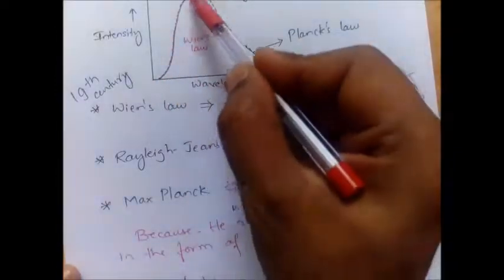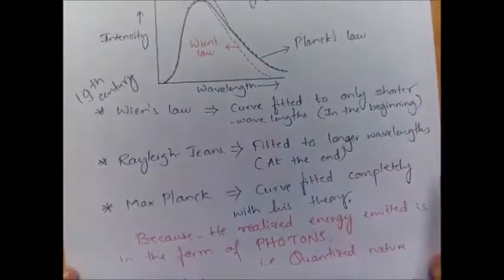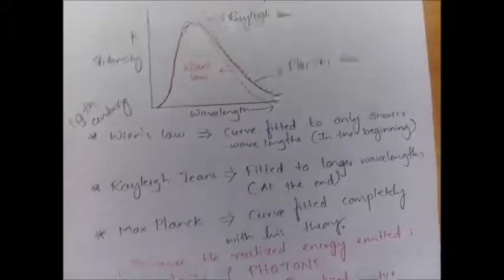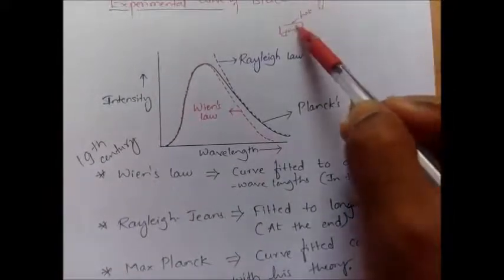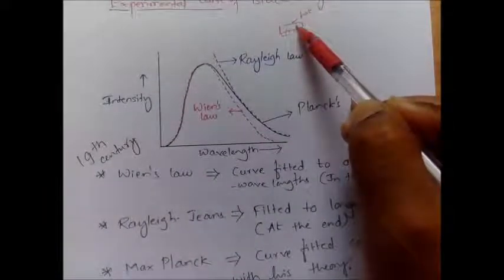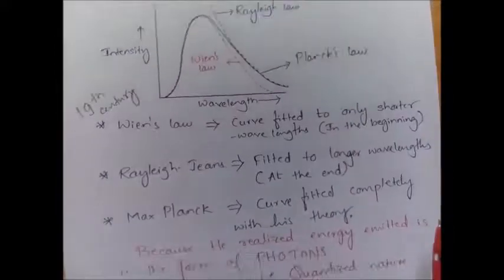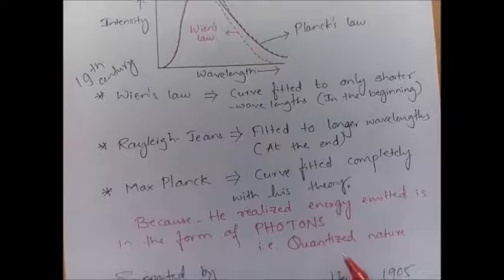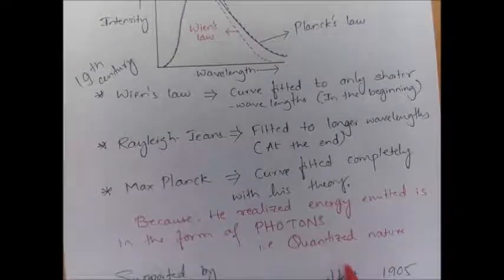His curve fitted exactly to the experimental curve. Why did he succeed? Because he considered the radiation coming out from the hot body, or black body, as photons, or we can call it the quantized nature of radiation.